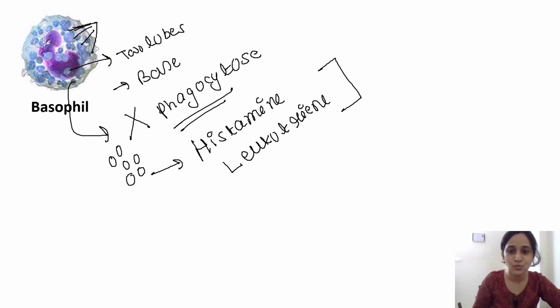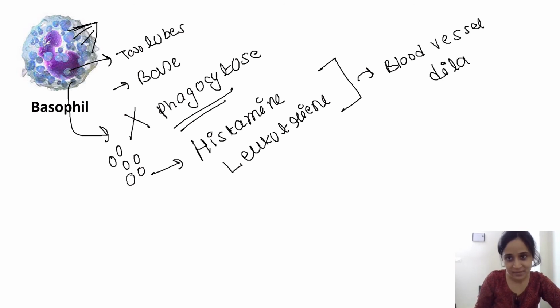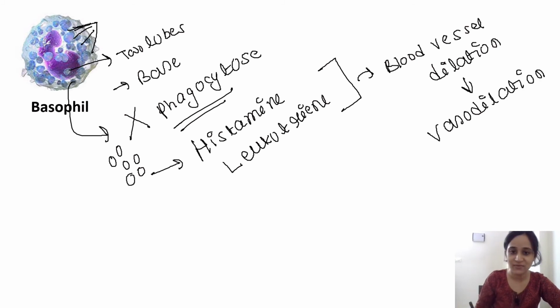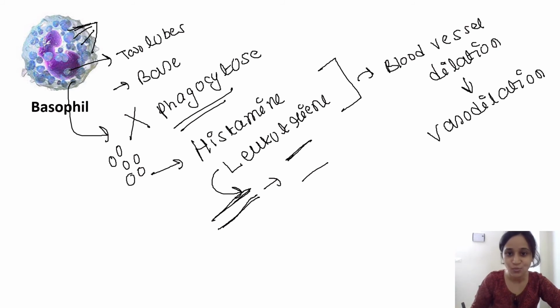And these two do blood vessel dilation, or vasodilation. Now you can ask me, what is vasodilation? Blood vessels are thin, no? Now when these are released, the blood vessel gets wider.